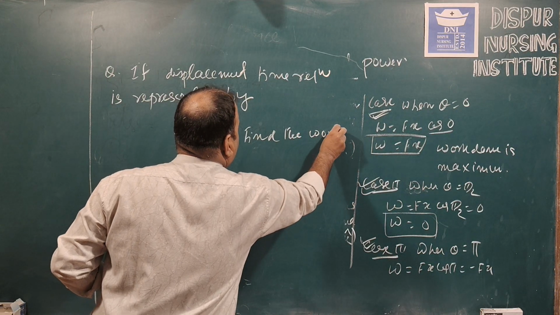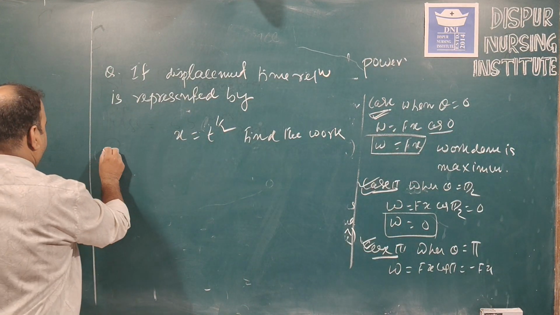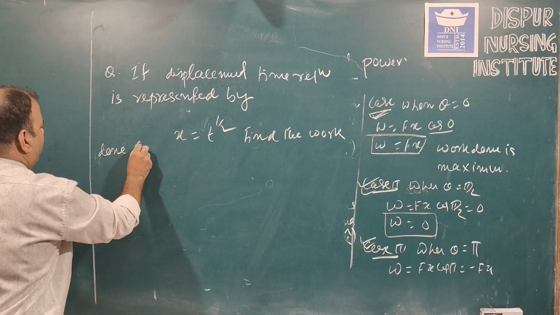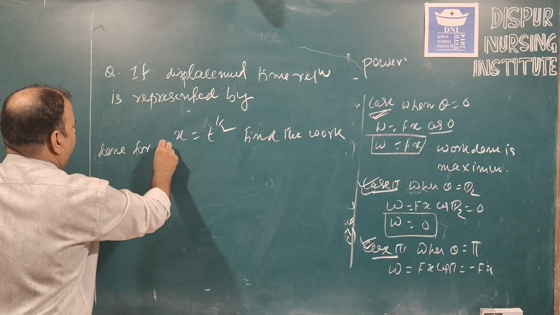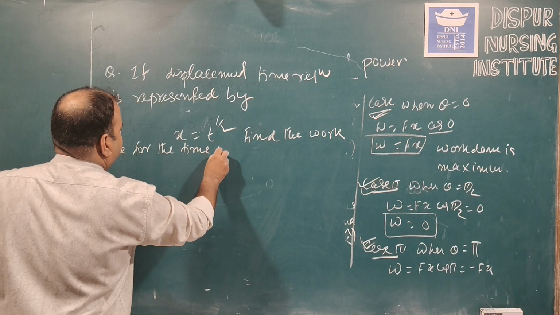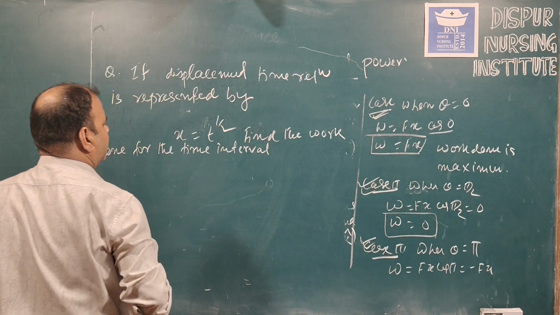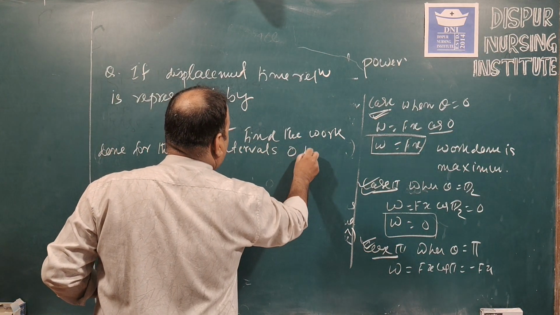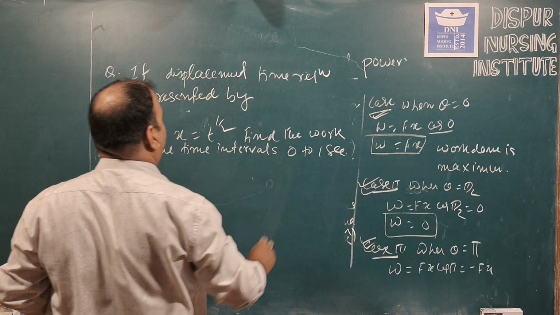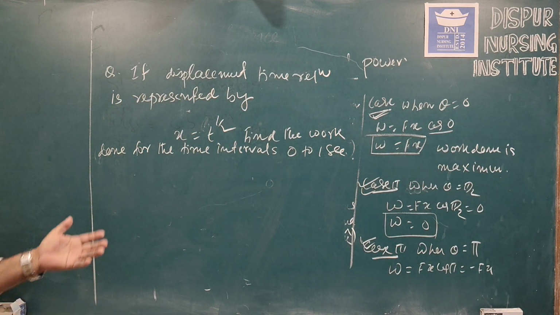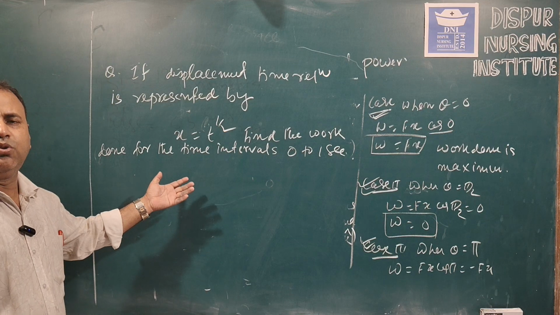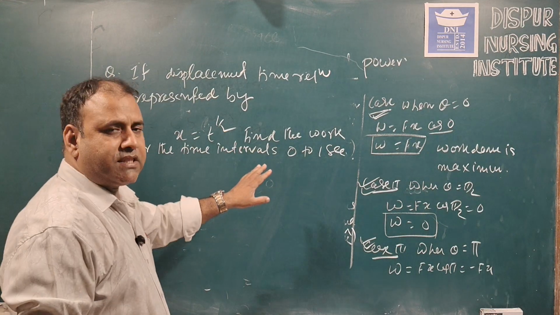Find the work done for the time interval 0 to 1 second. Earlier I gave 0 to 1 meter, but in this case you can see 0 to 1 second.